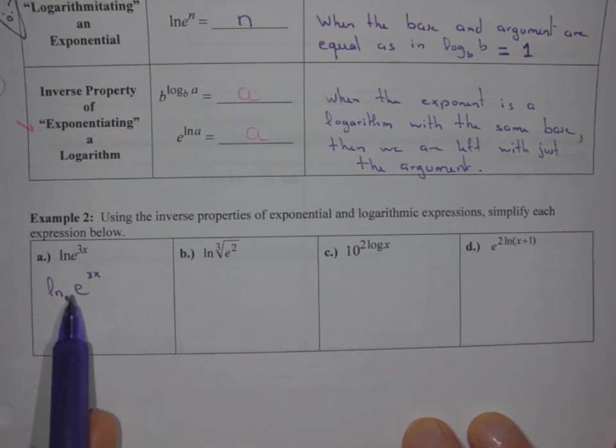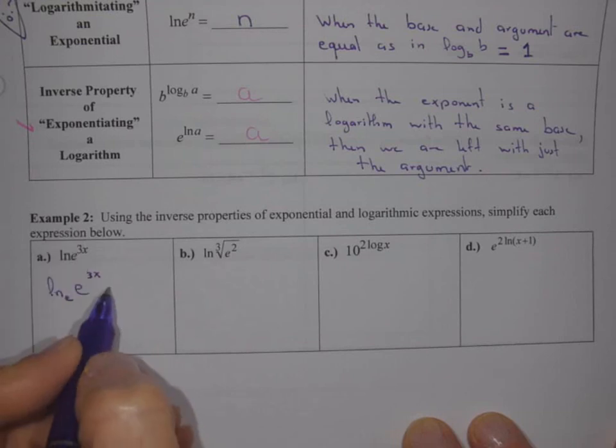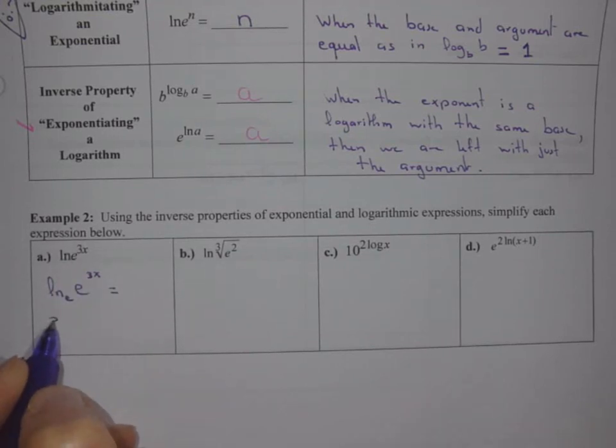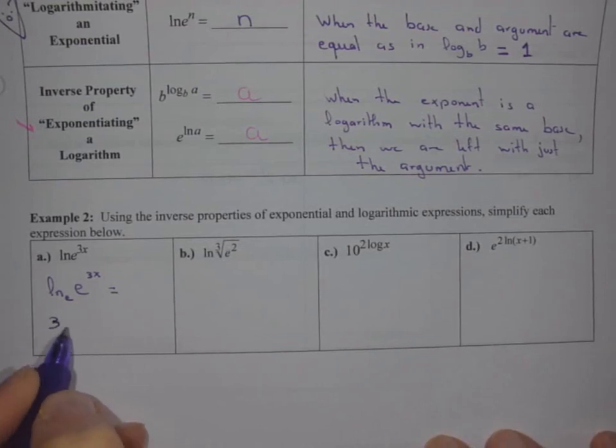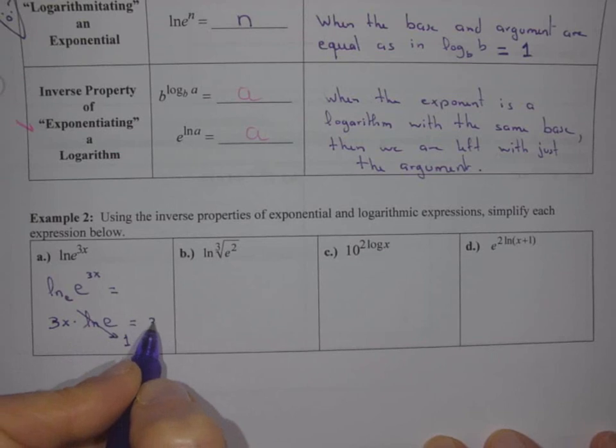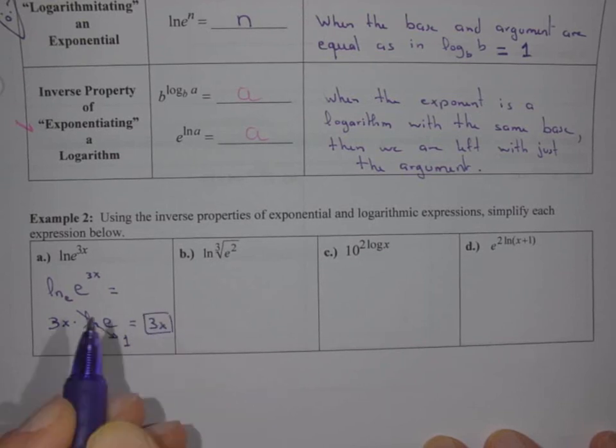And we just said that when those two are equal, they're inverse operations of each other. So that will be the same thing as bringing that 3x to the front as a coefficient, and then natural log of e goes to a 1, and so that's just going to be equal to 3x.